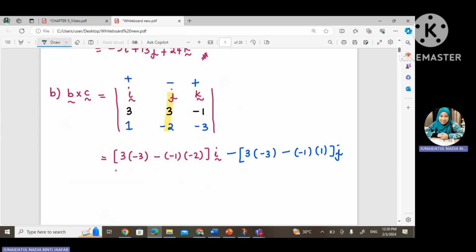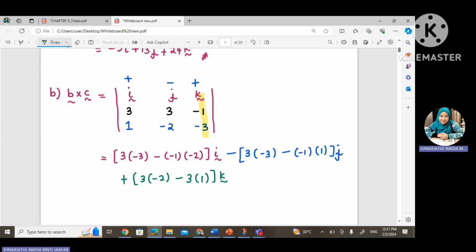And plus, for k, we have 3 times negative 2, minus 3 times 1.